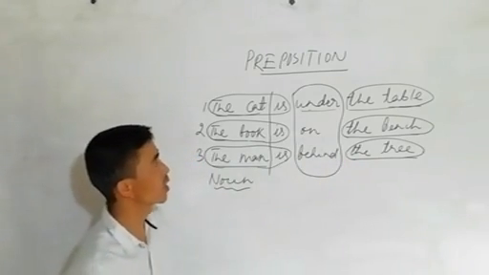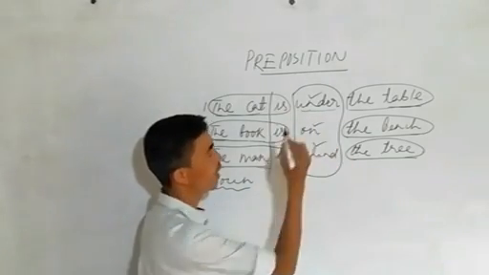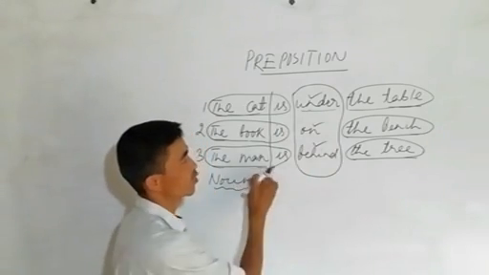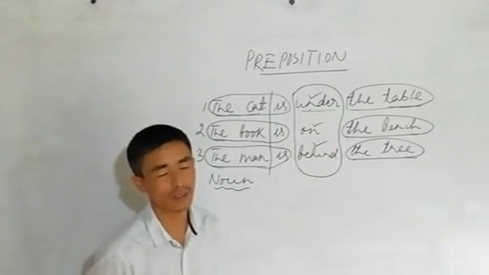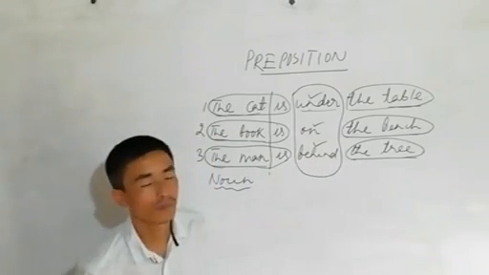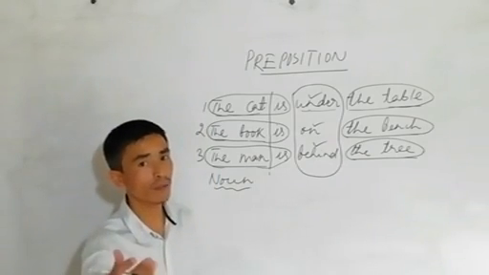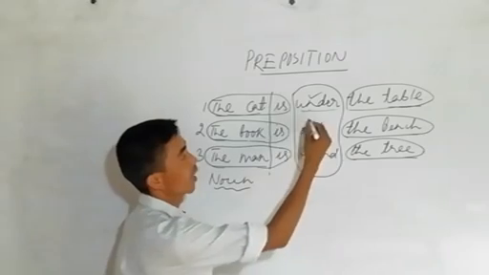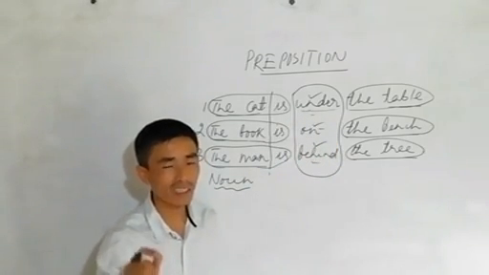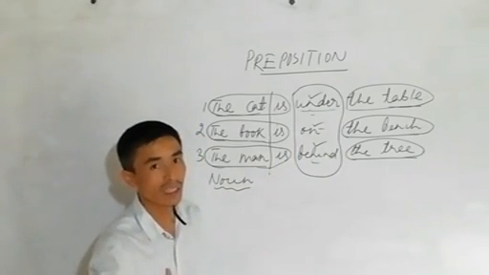So these words, under, on, and behind, do the function of connecting these two parts of sentences, the first part and the second part.